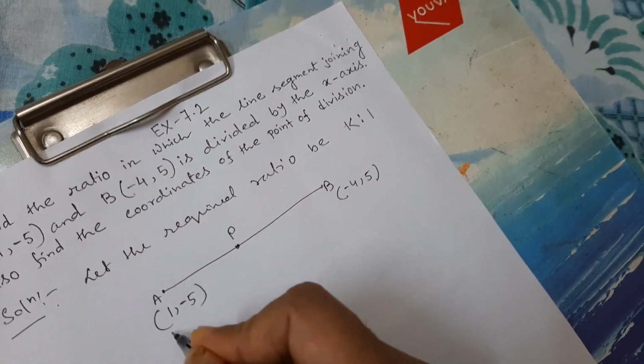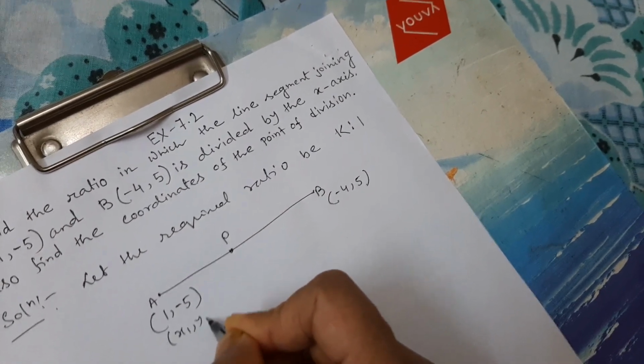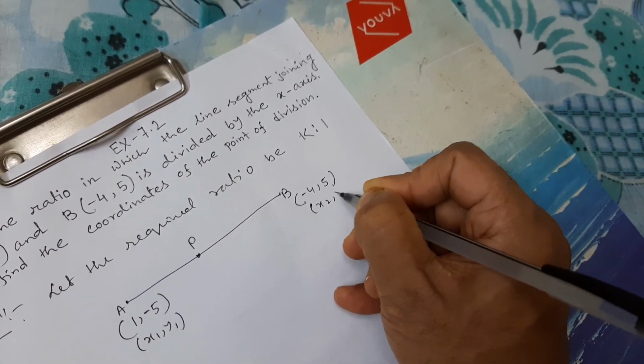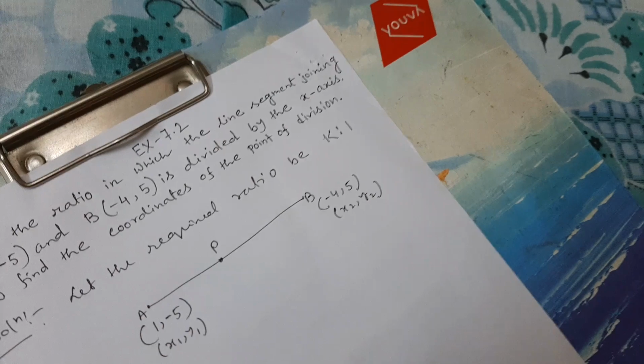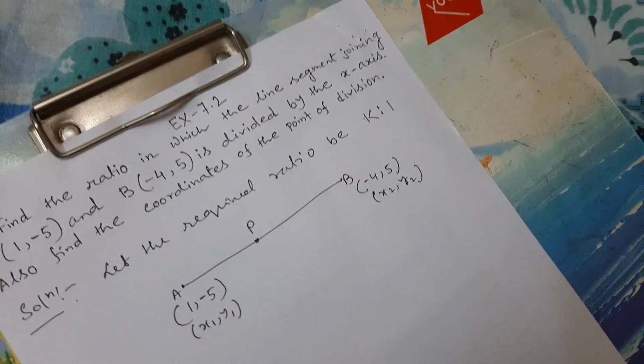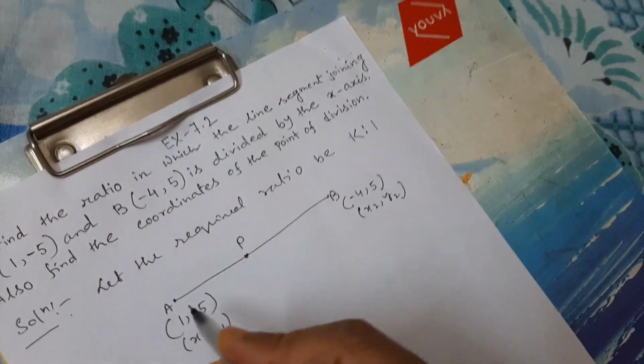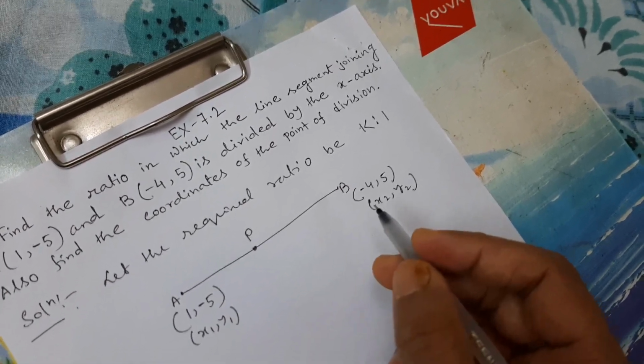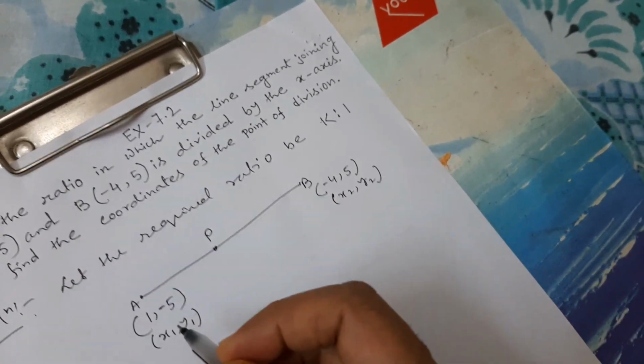So we know A point is x1, y1 and B point is x2, y2, and the point P lies on the line segment AB, and P divides in the ratio k:1.